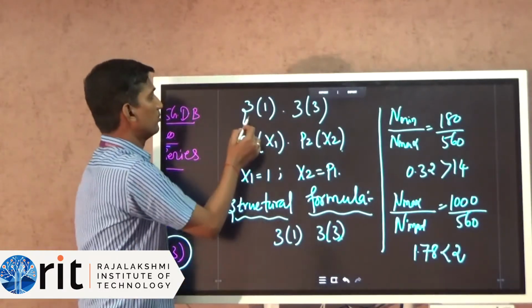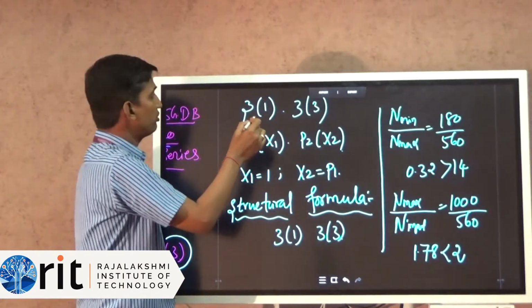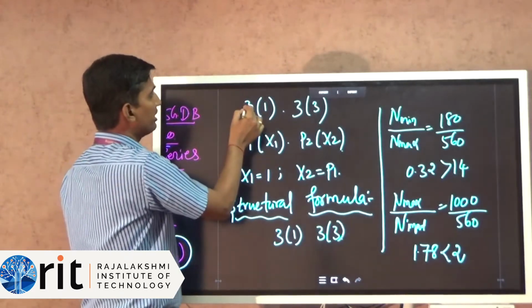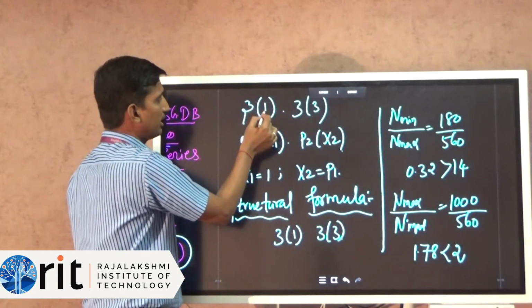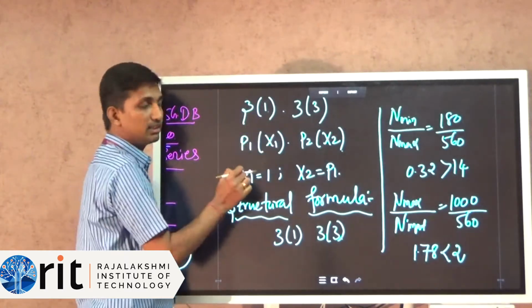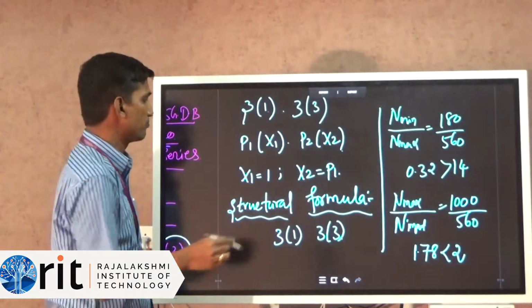As far as the design procedure is concerned, this is called the structural formula. This 3 is the stage, this one is called P1, this one is called X1. Similarly, this one is P2, and this one is X2.